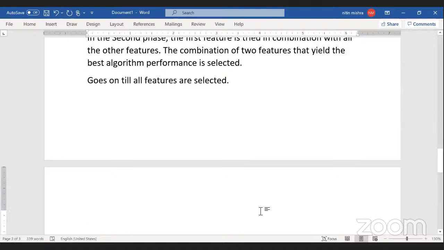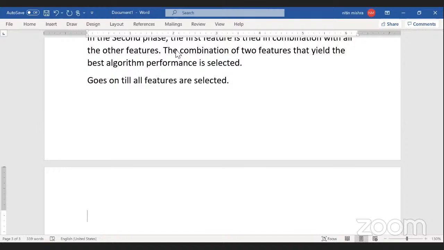All right. So this is with reference to the step forward feature selection. Now, obviously, the step backward feature selection may seem to be pretty straightforward, but it is not the case. All right.